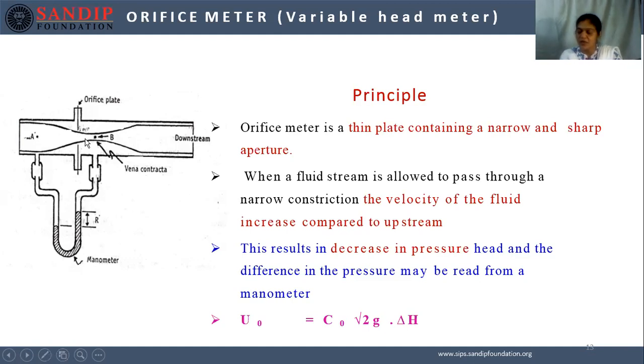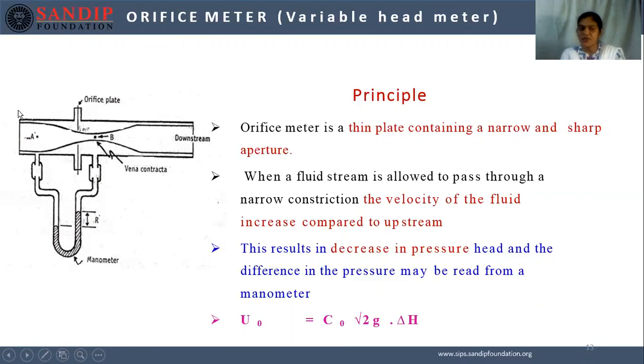So when the fluid stream is allowed to pass through the cross section of the orifice, the velocity of fluid at point B increases with decrease in the pressure head. As a result, the pressure at point A is greater than that at B.